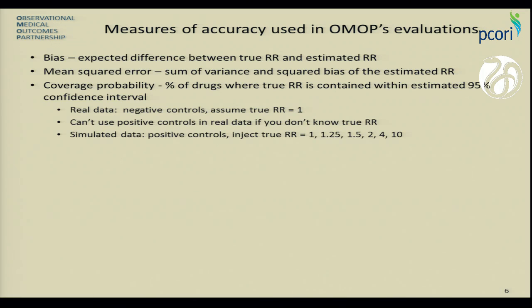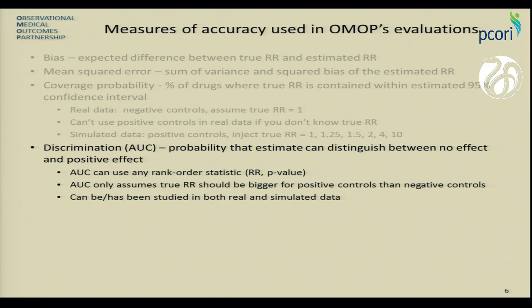There's also mean squared error and coverage probability that I've mentioned. One of the challenges in measuring these is that we can only make assumptions about how we're benchmarking our estimate to truth. So we can assume negative controls are a relative risk of 1. For positive controls, we really can't assume what the effect estimate is, but here's where simulation could actually support our endeavors in learning about observational data.